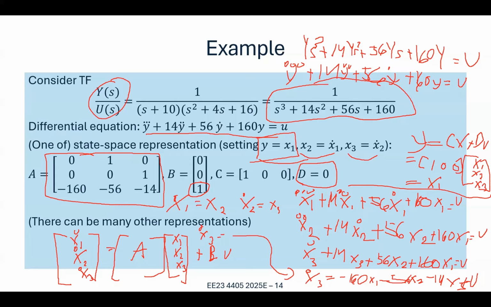Again, this is only one of the state space representations. There could be many others. For example, if we set y equals not x1 but 2x1, then the entire representation will change.